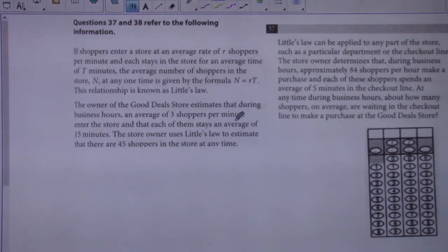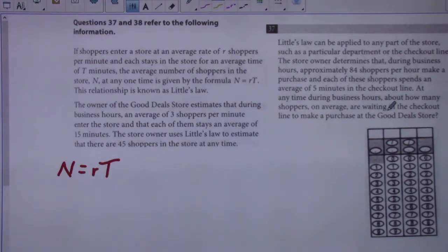All right. So we got this, n equals RT. And so what you're doing is you're looking here at problem 37.